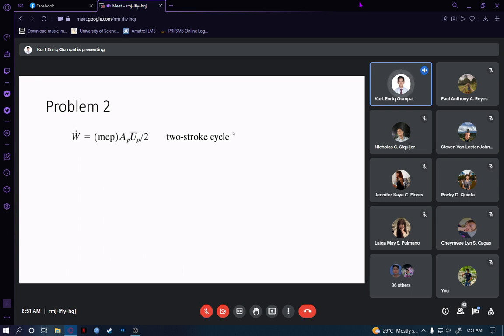If it's a 4-stroke cycle, it's divided by 4. Now, direct substitution. 88 kilowatts, your brake power, is equivalent to your BMEP times the area, which we got earlier, 0.0373 square meters, times the speed we got earlier, which is 8.4 meters per second, divided by 2. Now, if you solve it, the answer would be 561 kilopascals.